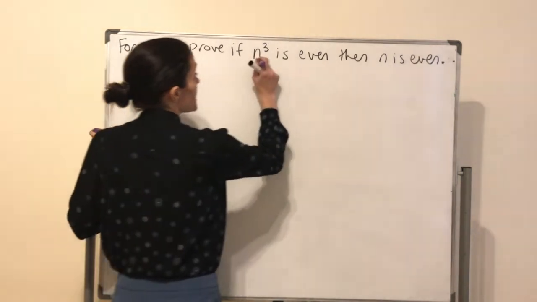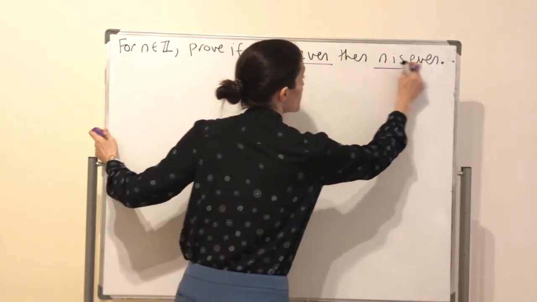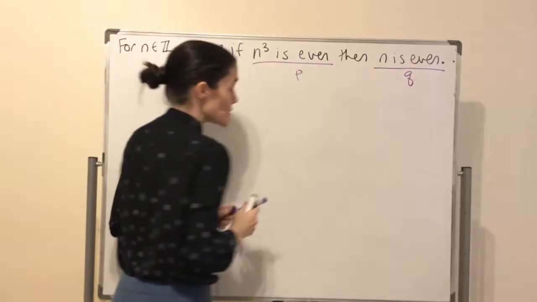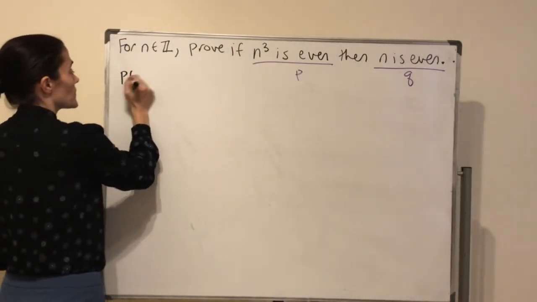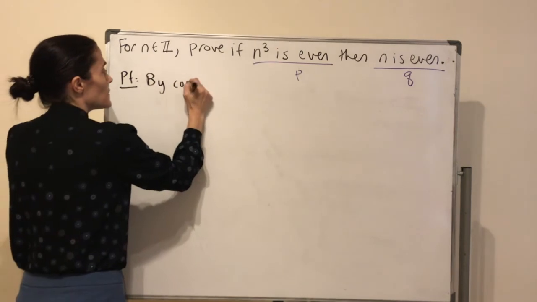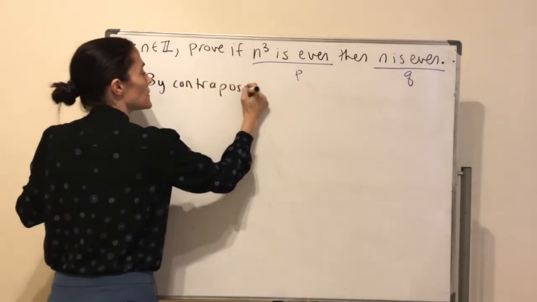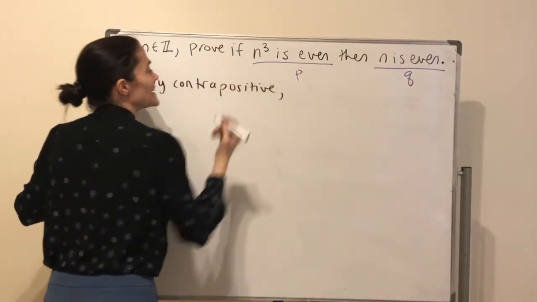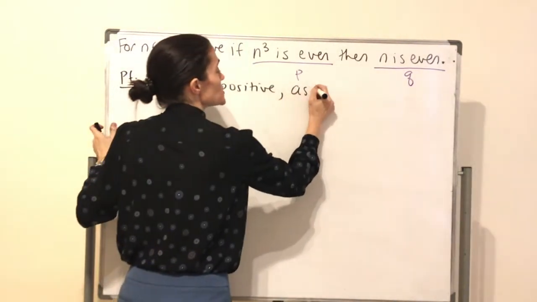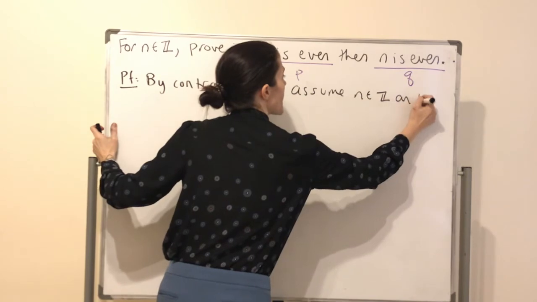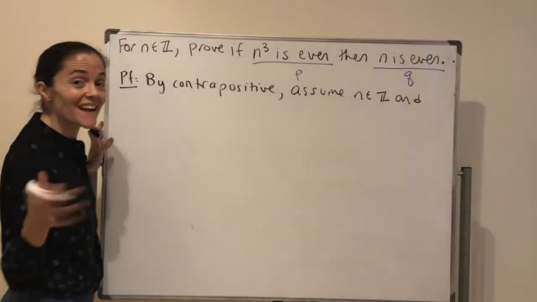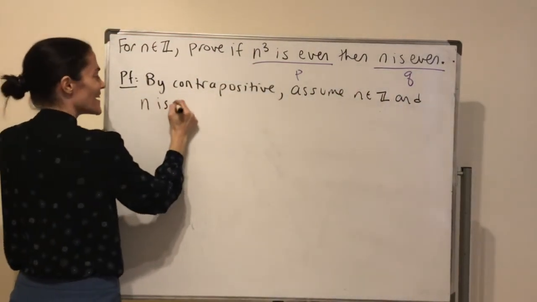This is a P, and this is Q, and I will use contrapositive. By contrapositive, let's assume n is an integer, and, well, we assume not Q, which is that n is odd.